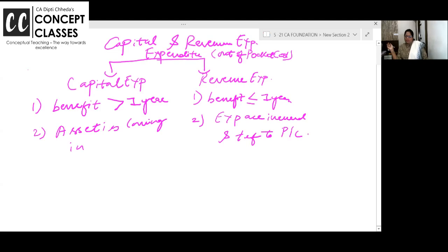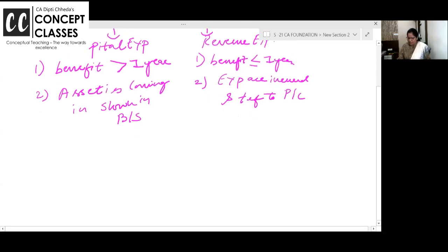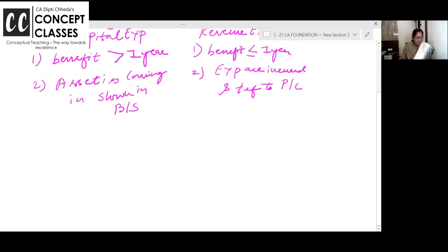Write down: revenue expenditure are incurred throughout the year and they are transferred to P&L account. Here asset is coming in, shown in balance sheet. Balance sheet में दिखाते हैं. Okay, right. Now you will solve question number 1 with me.